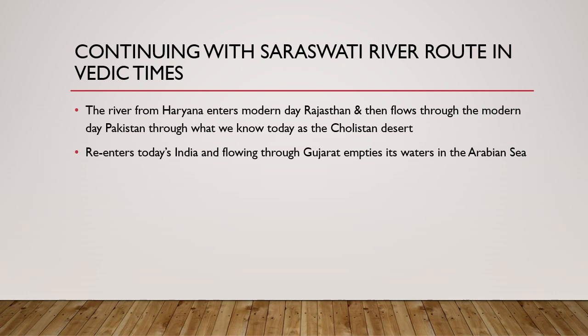I have described this whole route in a detailed map in another video. I will be posting the link in the description of this very video. So emptying the water in Arabian Sea, the Saraswati river flowed through the region of Kutch today.